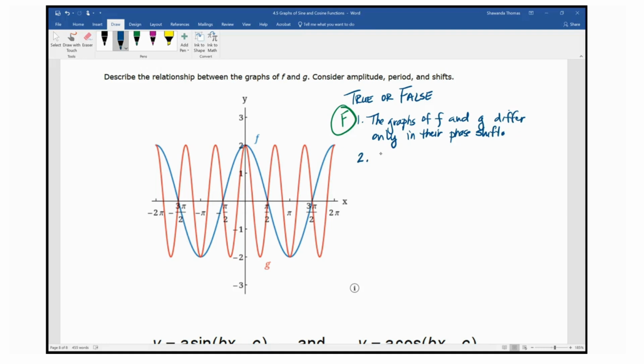Next statement: the amplitude of G is 2 times... I don't know if I wrote that right. Hold on, make sure I wrote that right. Look at homework.